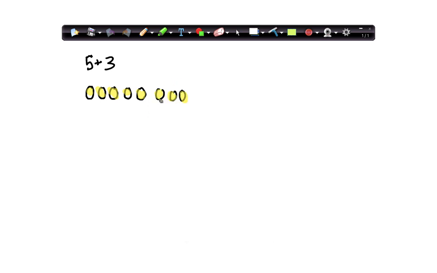Then what we have all together is 8 positives. So that's one way we thought about it.